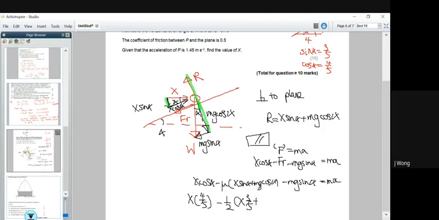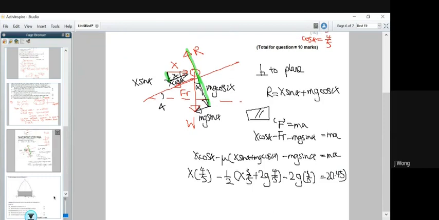We have three forces there, and then they tell us that it's going to be F equals ma. So that's fine, let's do that. F equals ma. It is going to be accelerating upwards, so we have the driving force x cos alpha, take away Fr, take away mg sine alpha, that equals ma.